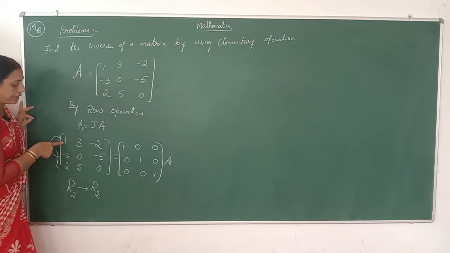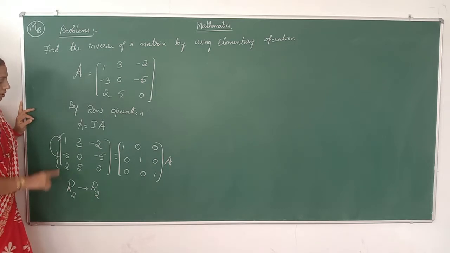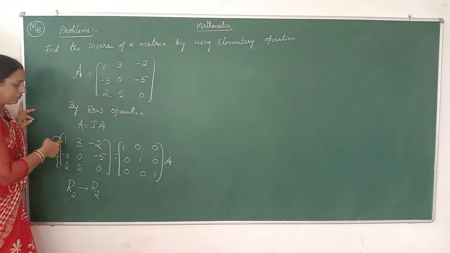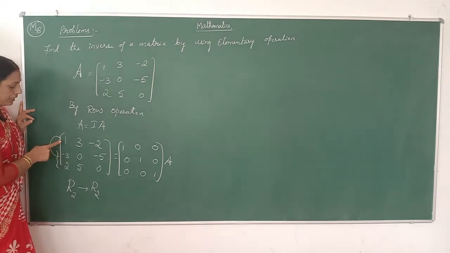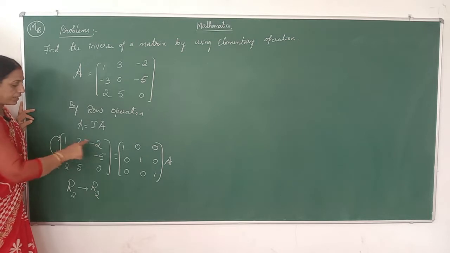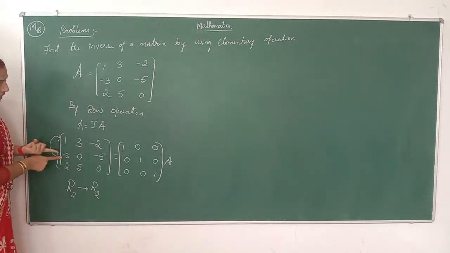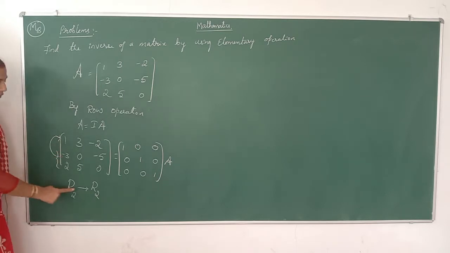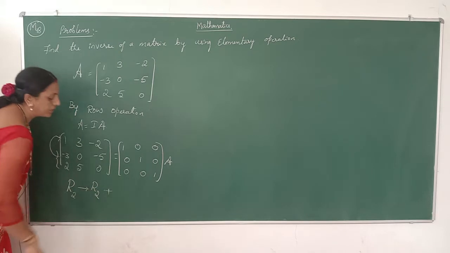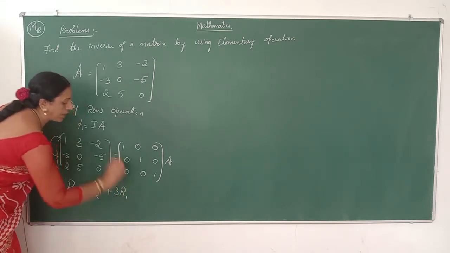If these two are directly added or subtracted, it's not equal to 0. Suppose all the elements of the first row are multiplied by 3, minus 3 plus 3 is nothing but 0. Therefore, if the elements of R1 are multiplied by 3 and added with the corresponding elements of R2, R2 can be changed with R2 plus 3 times R1.